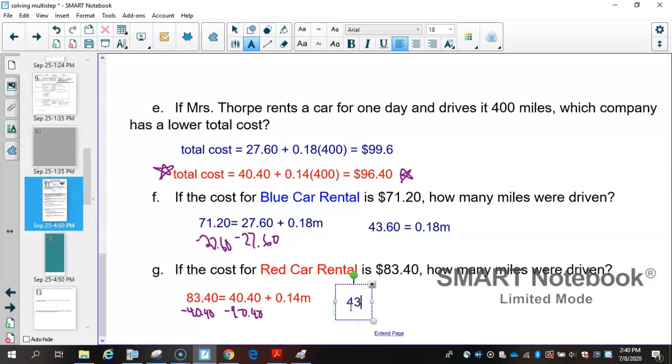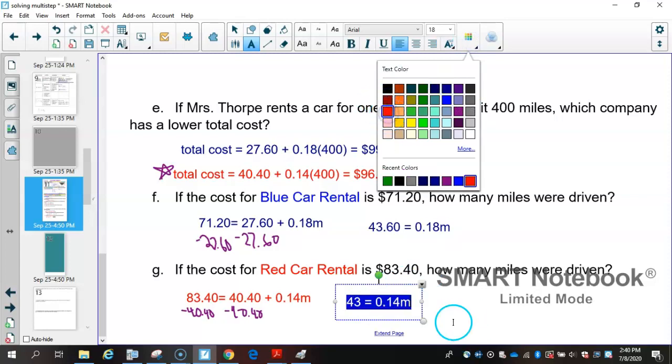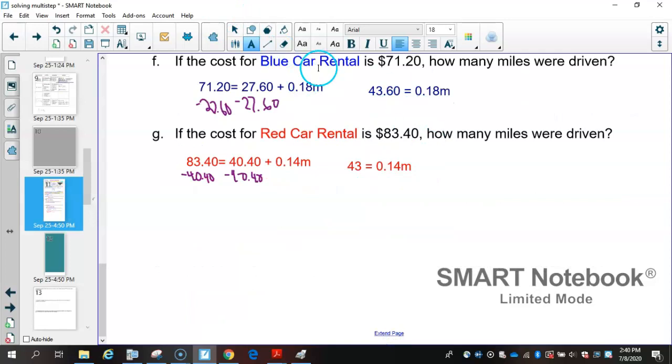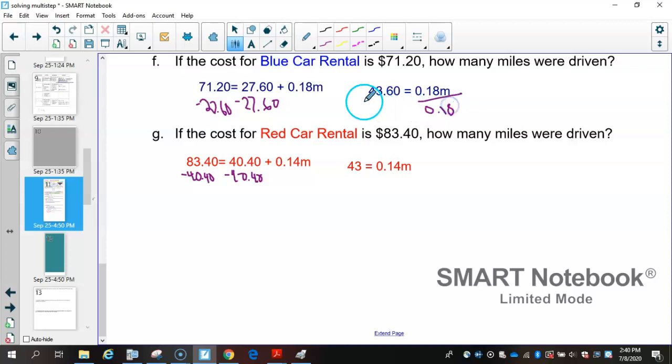I knew that. $43 equals 14 cents times M. And then we just have to divide both sides. So divide by 18. That was supposed to be an 8. Divide by 14.